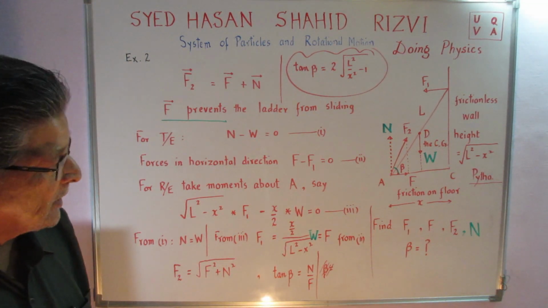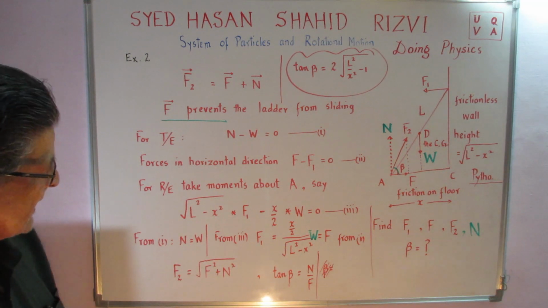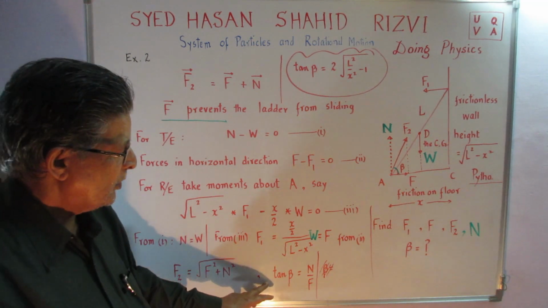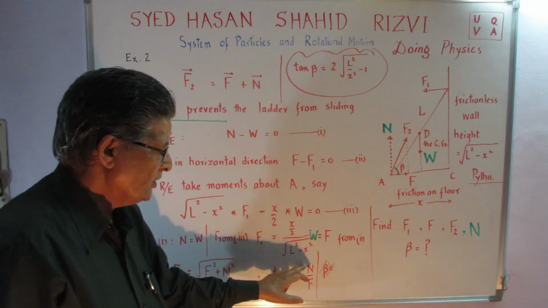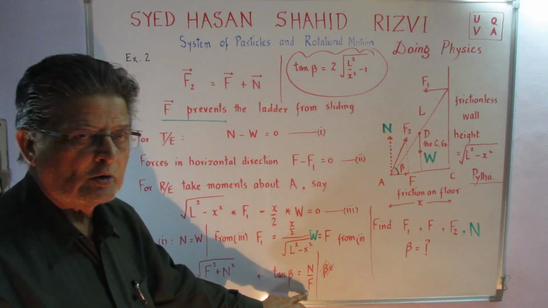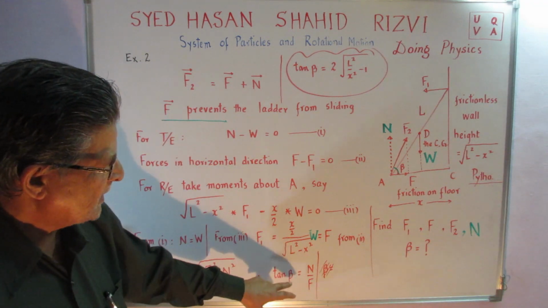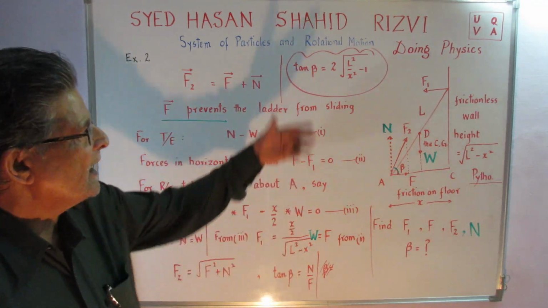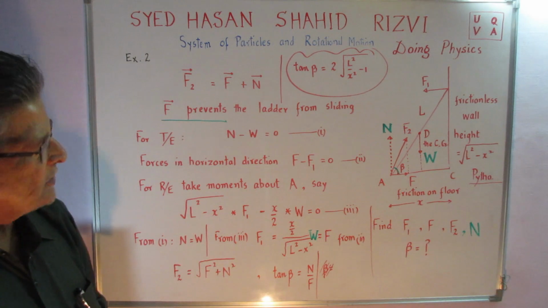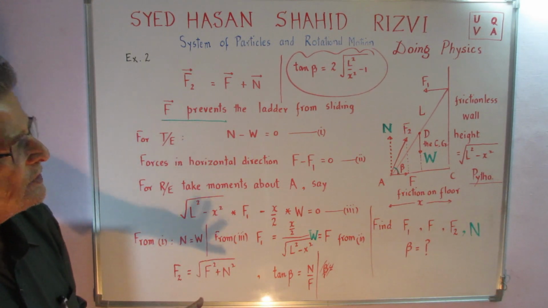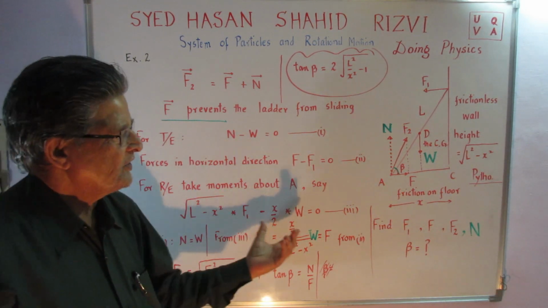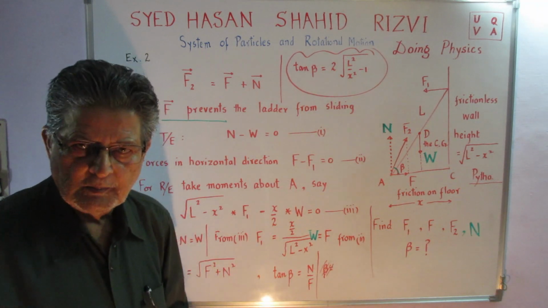If tan of beta becomes equal to 0, what does it mean? Either N becomes equal to 0 or F becomes equal to infinity, which is not a possibility. So tan beta is equal to N over F, and N also becomes equal to 0. So these are some of the things which we can do if we describe the things with symbols.